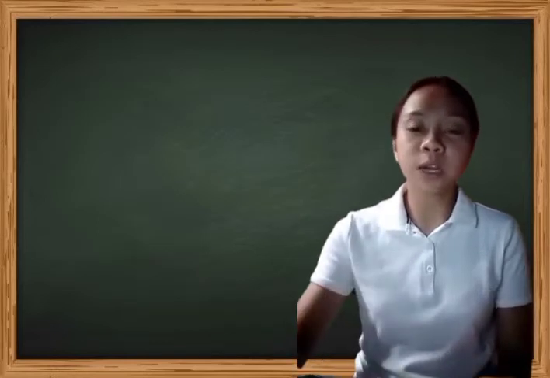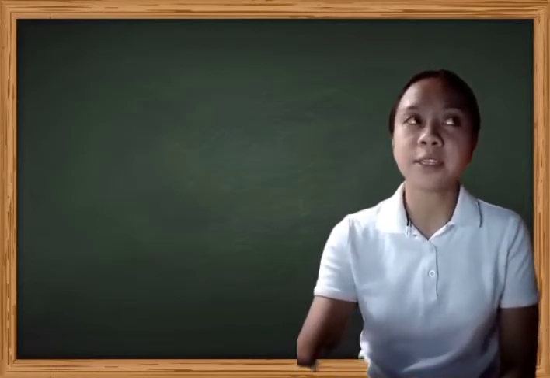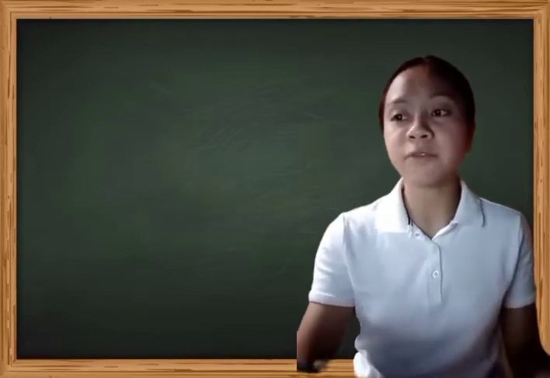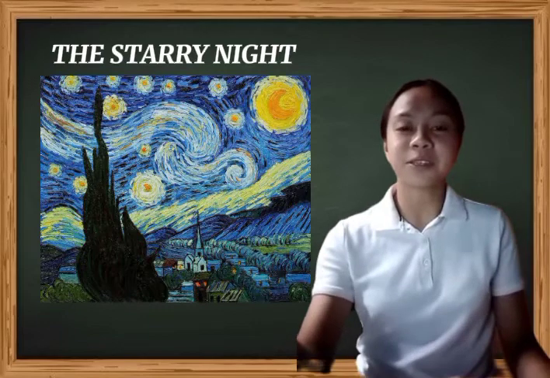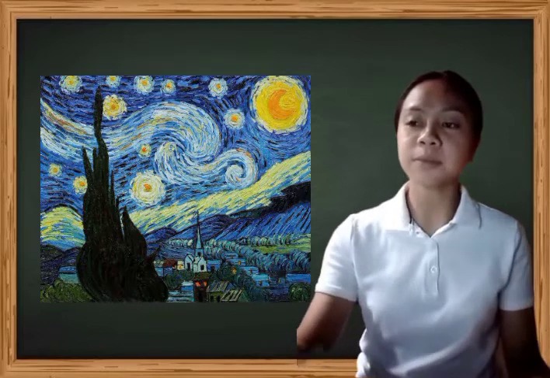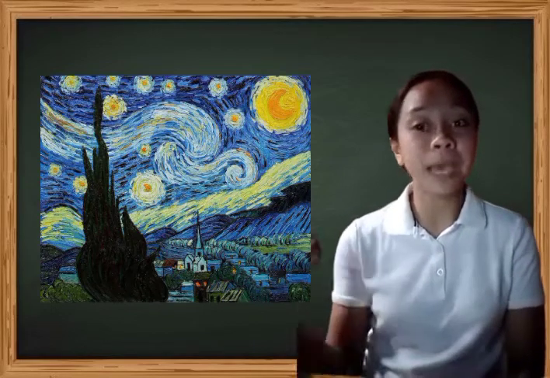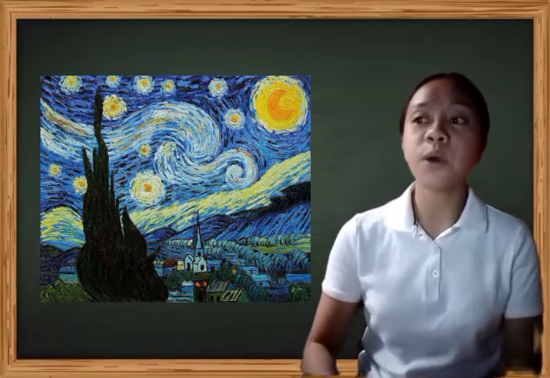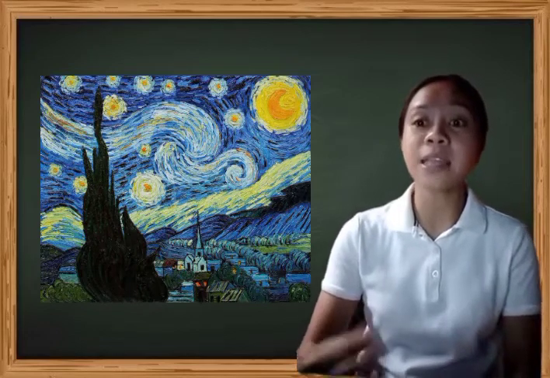One of the best examples I can give of movement in art is Vincent van Gogh's The Starry Night. Here's the picture. As you can see, the painting depicts the view outside his sanatorium room window at night.